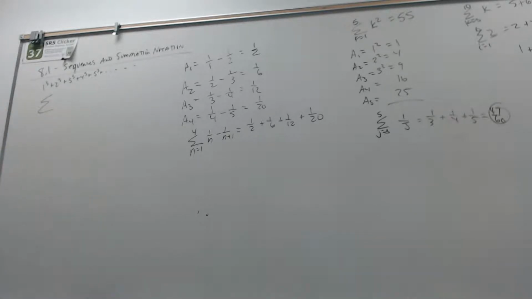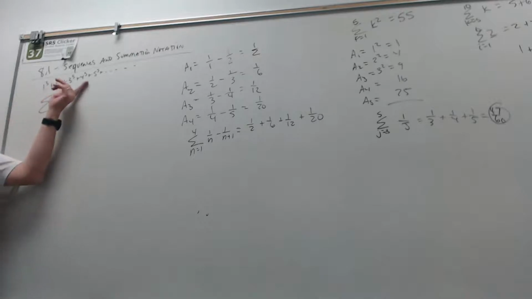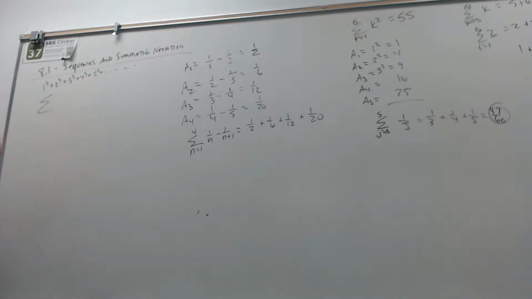Whose turn is it now? It must be Ethan's turn. What would be the formula for this sequence? n to the third. Okay? And we refer to this as the index. So n equals what? 1 to infinity.